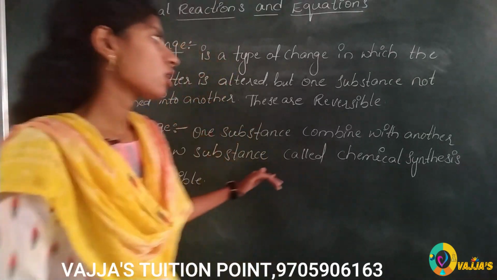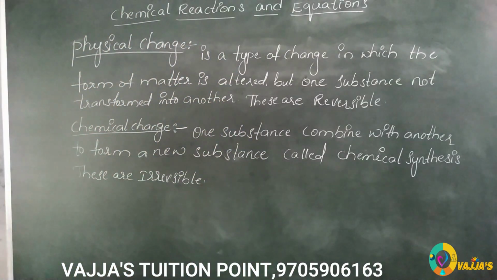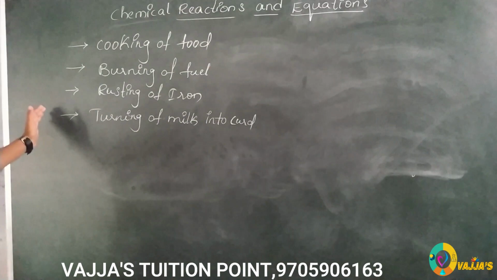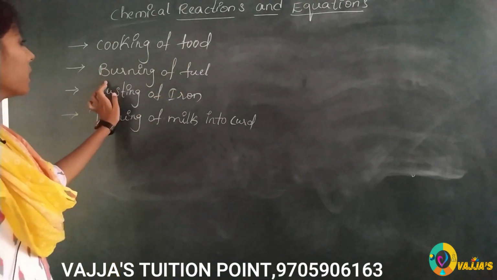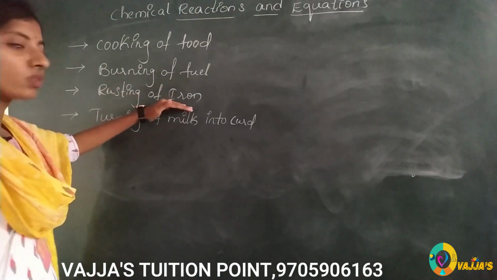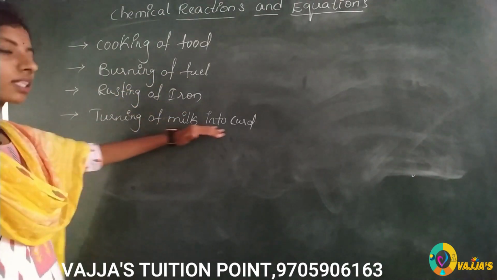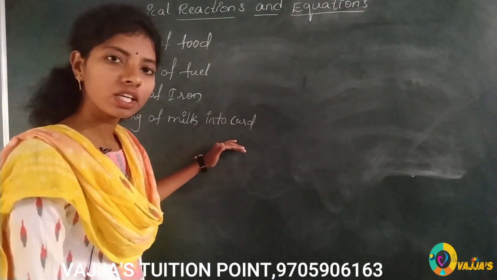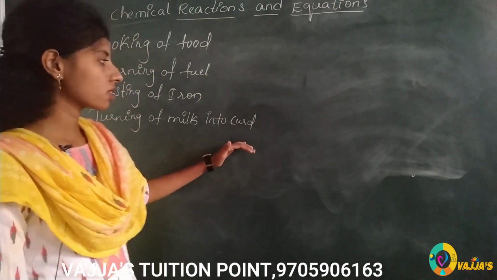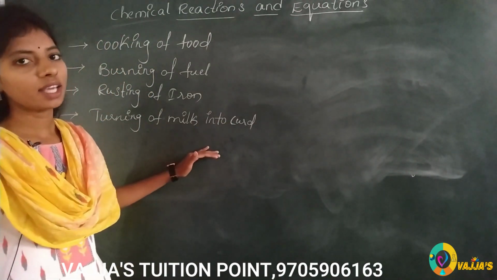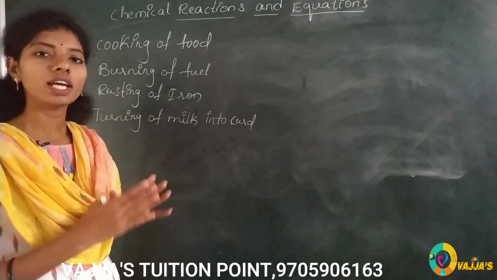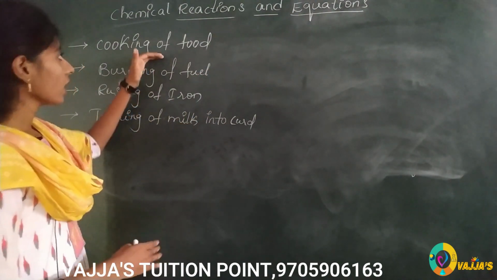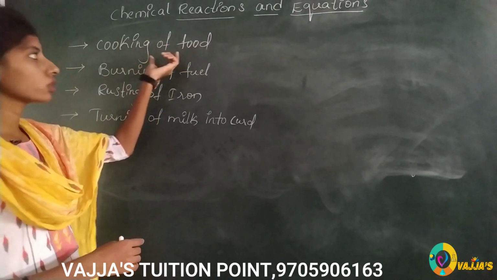The best examples of these are cooking of food, burning of fuels, rusting of iron, turning of milk into curd. Even respiration and digestion involve chemical reactions, and these chemical reactions affect us in our day-to-day life.